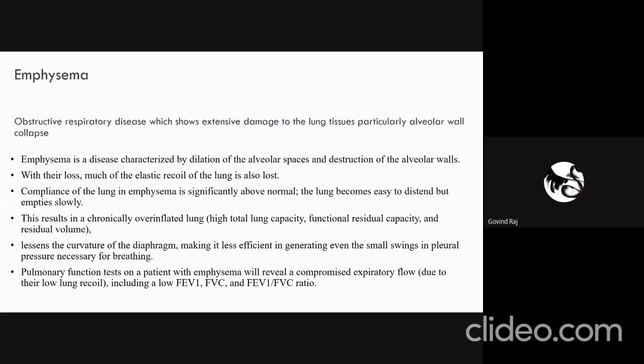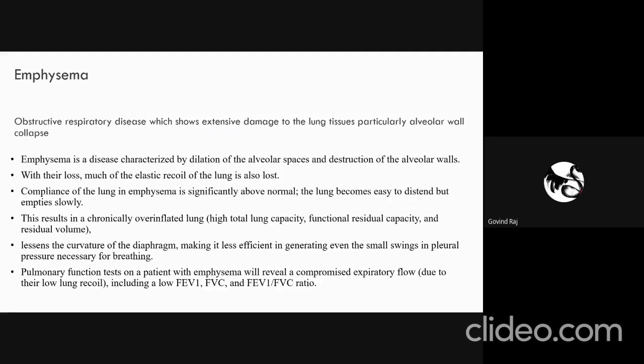This results in chronically overinflated lungs and a high total lung capacity. When the lungs are overinflated, they correspondingly show a high total lung capacity.